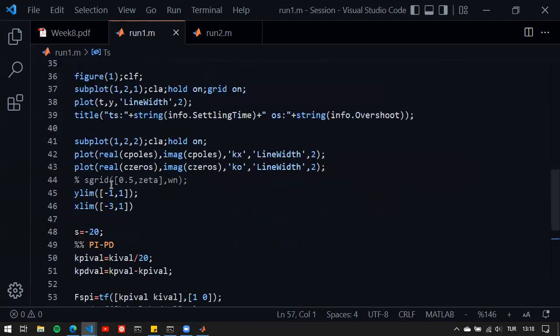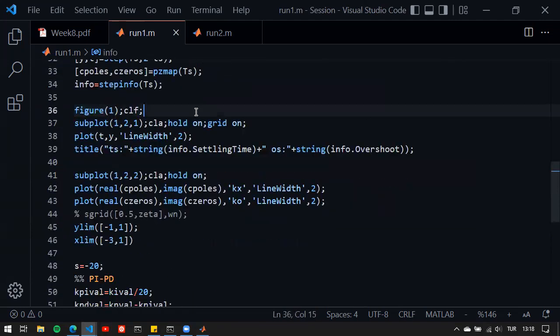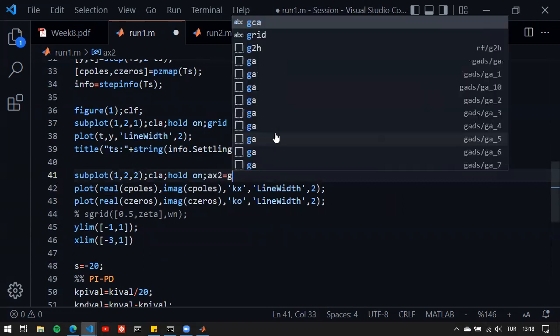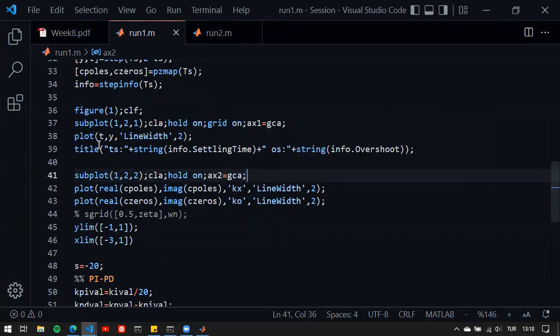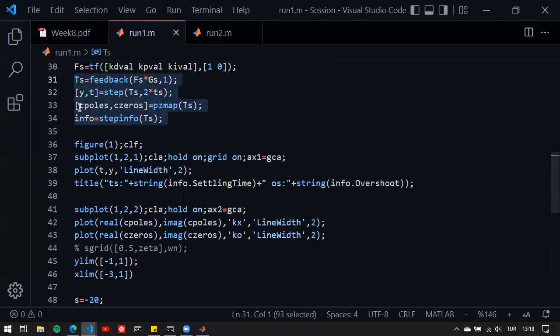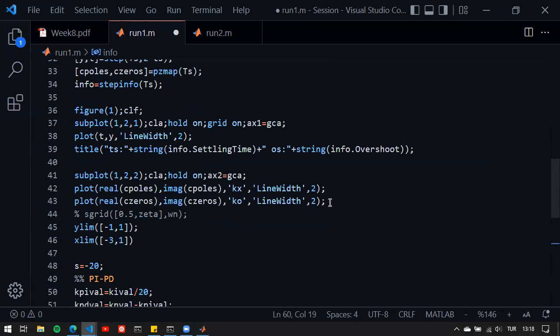Now we can repeat all the stuff here. Let's assign this to a variable in order to get access to them. And let's repeat this here and plot everything. Let's see.